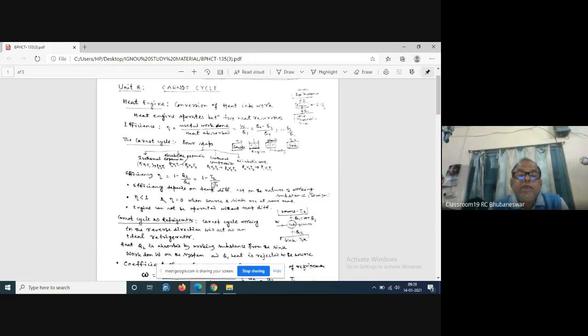That is, T1 is the temperature of the source and T2 the temperature of the sink.